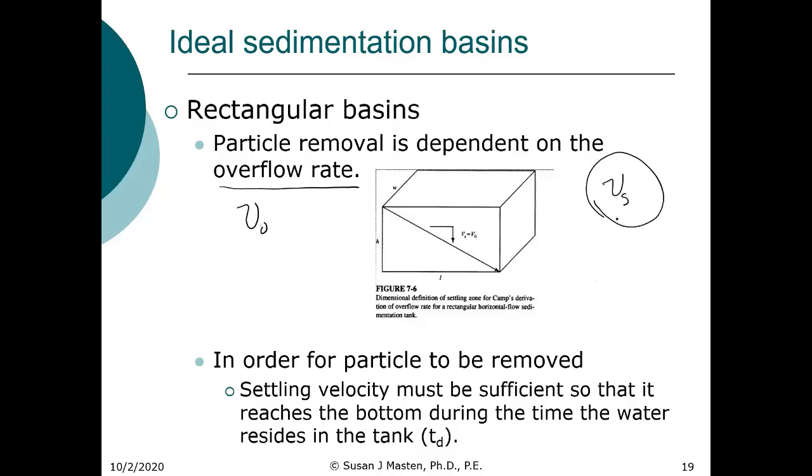The settling velocity is a property of the particle. The overflow rate is a property of the basin. And we're comparing the overflow rates and the settling velocities in order to determine what fraction of these particles are removed.